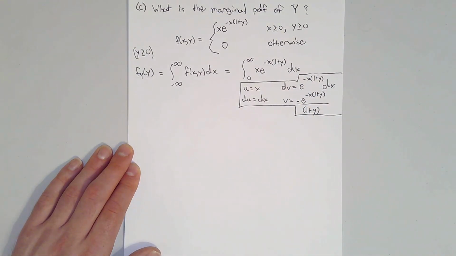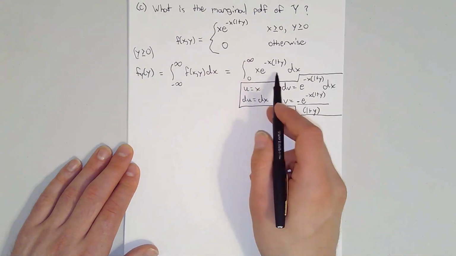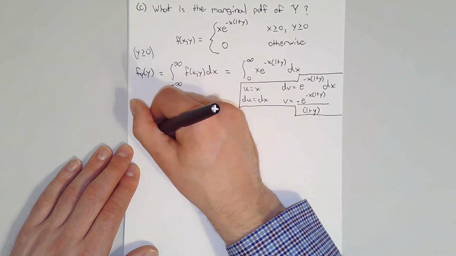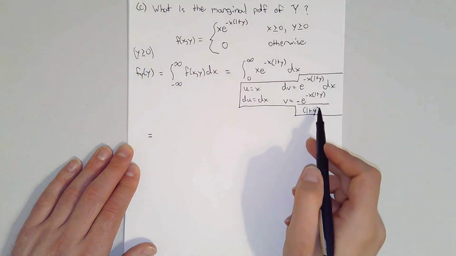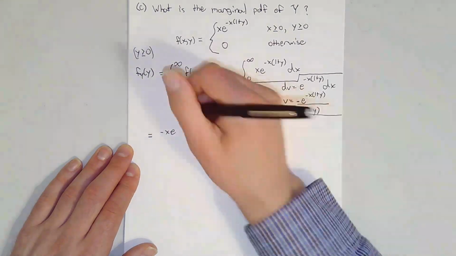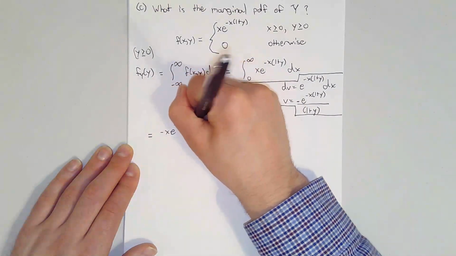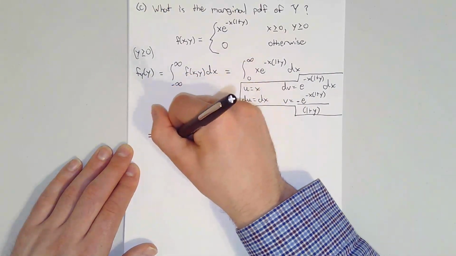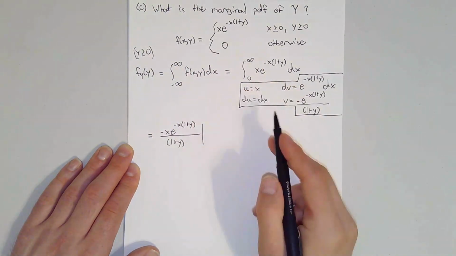So therefore, putting these pieces together, our integration by parts formula says that this integral up top is equal to u times v, and we're integrating with respect to x.